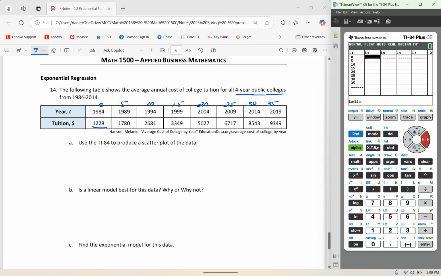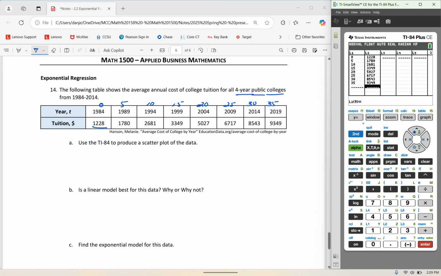In my L2 list, I'm going to put the cost of tuition for each year: 1228, 1780, 2681, 3349. You can see the numbers there. I'm not going to read them all to you. Okay, so now I have all my values in there.